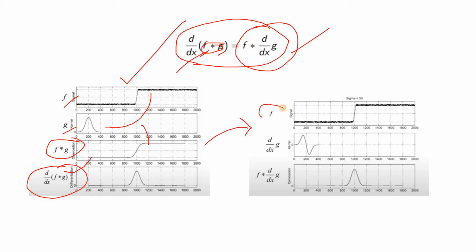Now instead of that, I will follow this approach. F is our signal, and for the Gaussian g, we take the derivative of this one only. The derivative of this Gaussian is this particular curve. If you take the derivative of a Gaussian signal, you can attempt it in MATLAB or Python, and it will look like this.